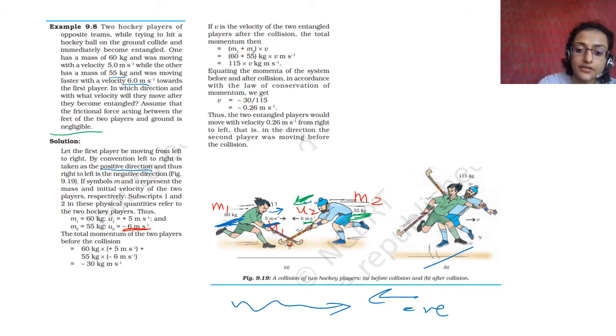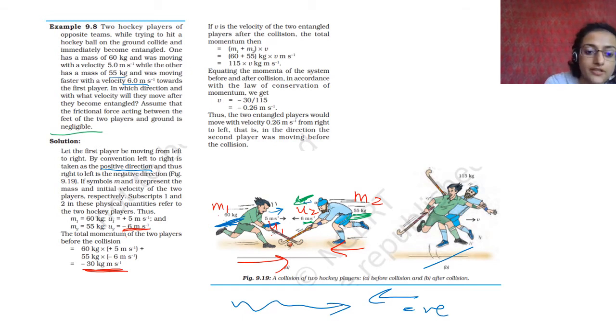In this direction the sign is negative, in this direction it is positive. Momentum has a direction and that is that of the velocity. So the total momentum of the two players before collision is m1 u1 plus m2 u2. पर इस केस में u2 is minus, right? So this is your answer.